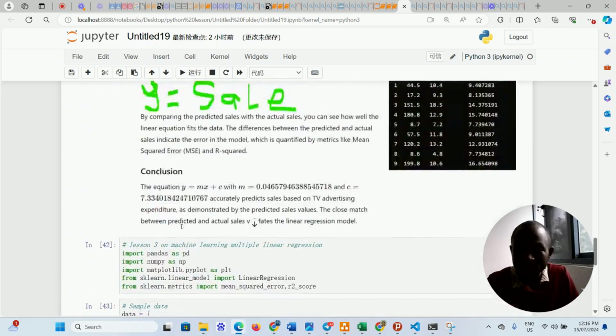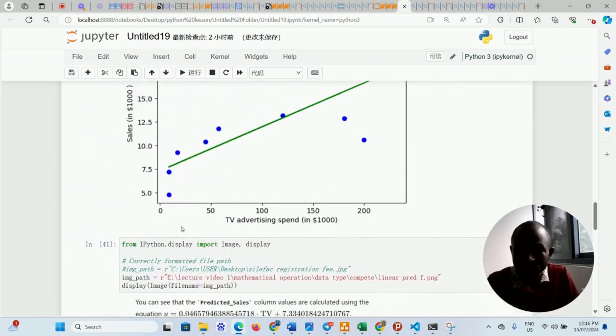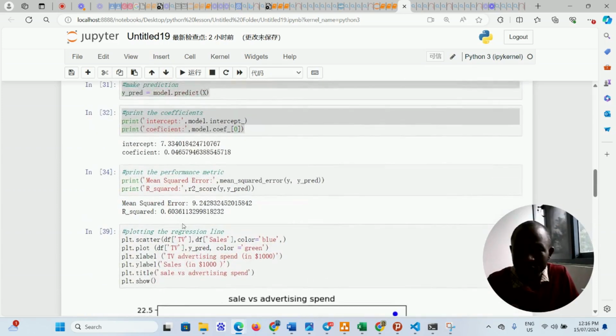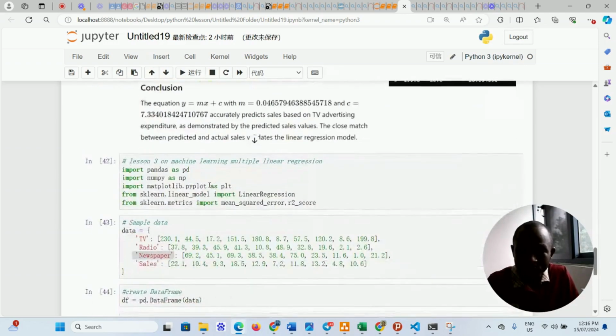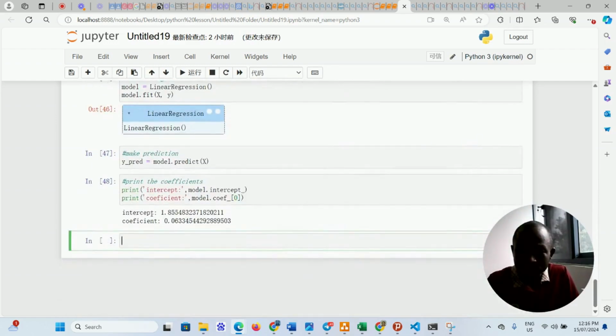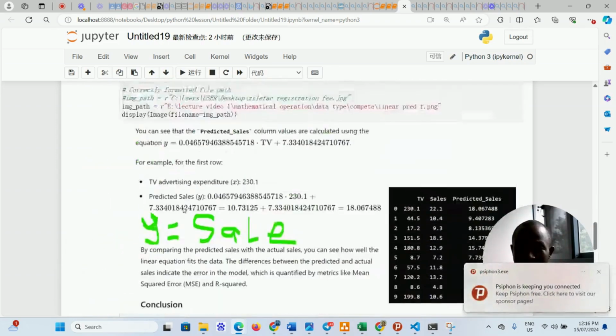Let's look at the other one. What was its intercept? Its intercept was 7 point something and its coefficient was 0.0. Now this one's intercept is 1.855 and its coefficient is 0.06. Okay, then let's move forward.